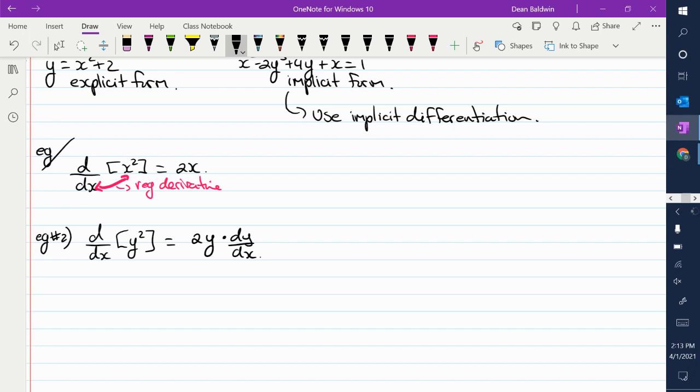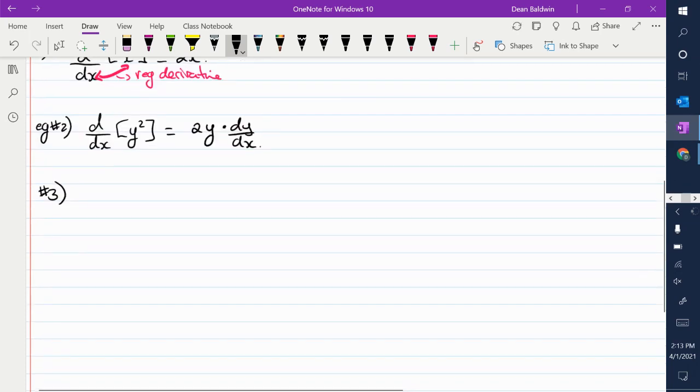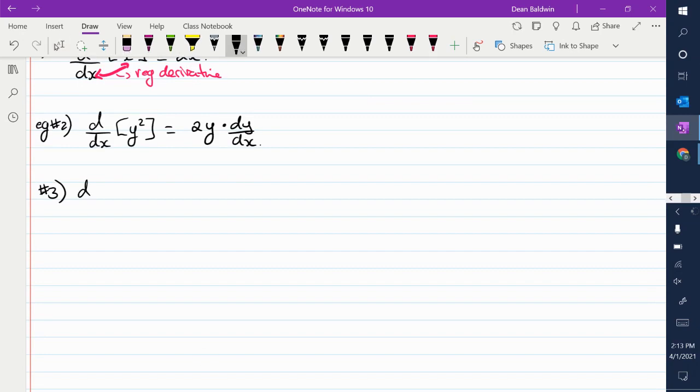Okay. What if you have this? Before you do anything, what rules do you think you want to use here?